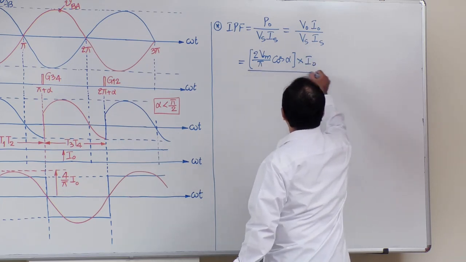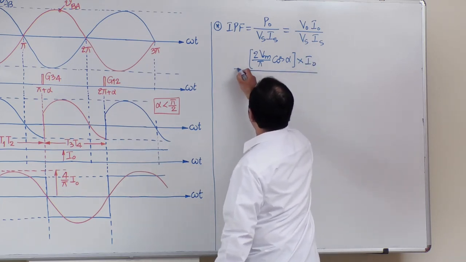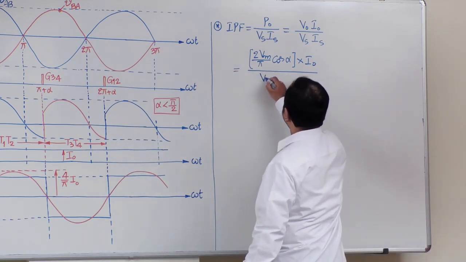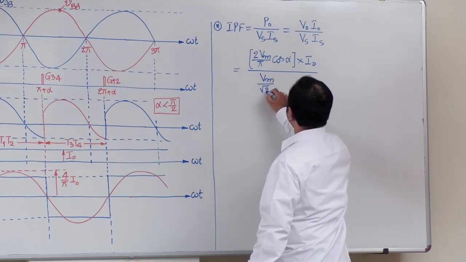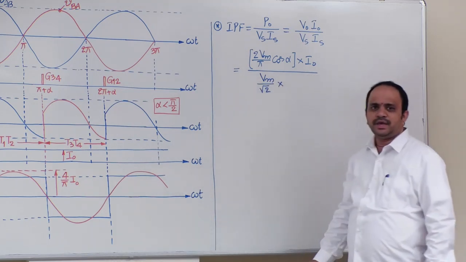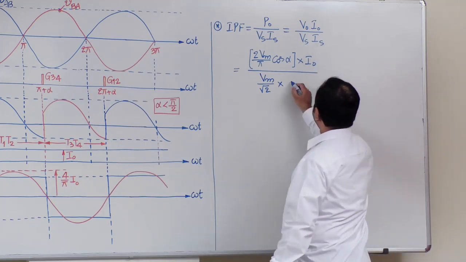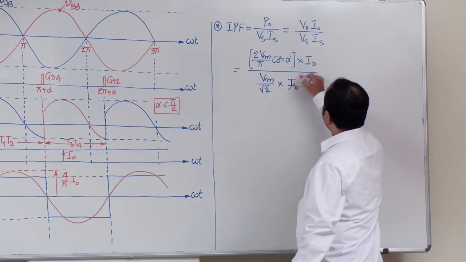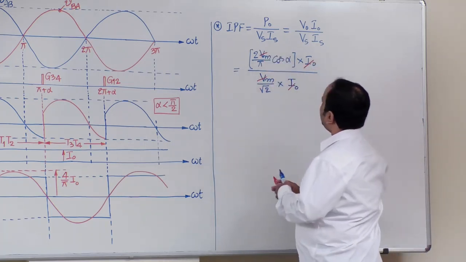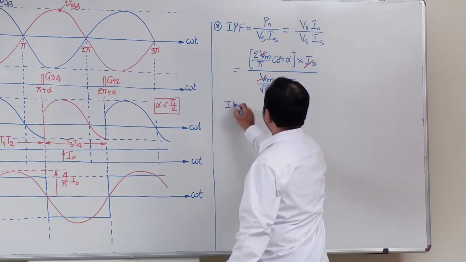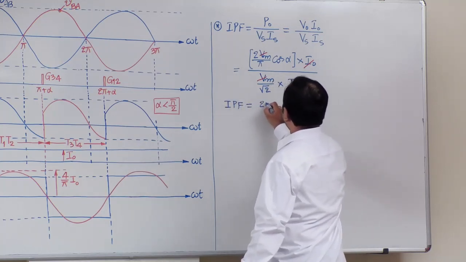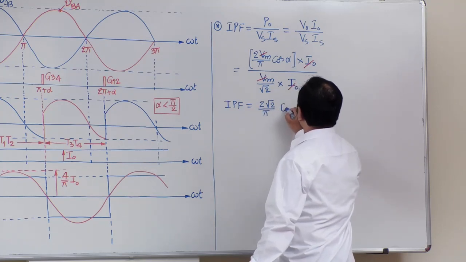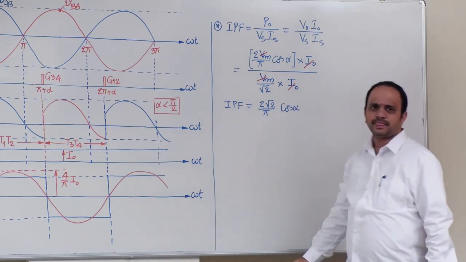This is in the numerator. What is in the denominator? Vs, the RMS value of source voltage, that is Vm by root 2, and Is is equal to I naught. Okay. So we can cancel I naught and Vm here. What is the simplification here? Input power factor is equal to 2 root 2 by pi multiplied with cos alpha, right?